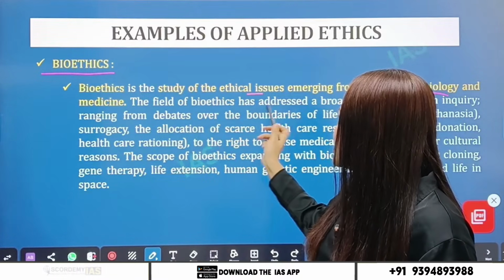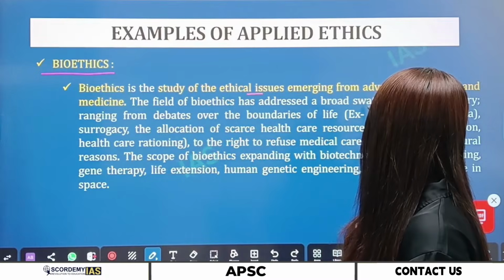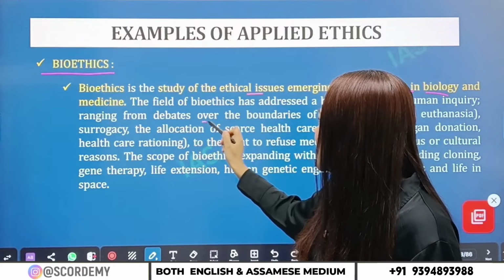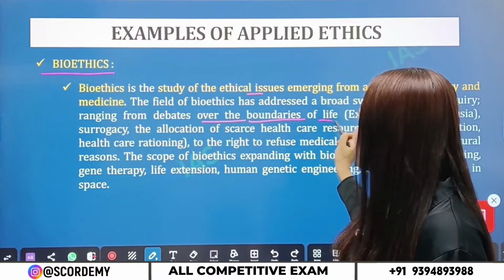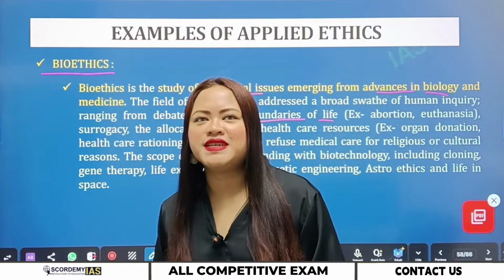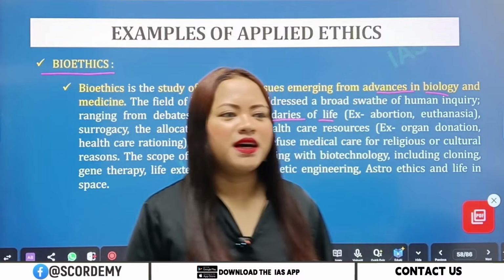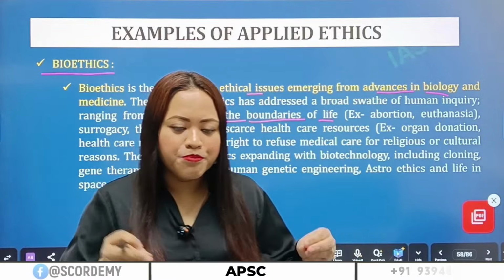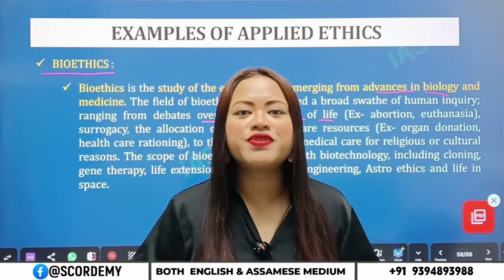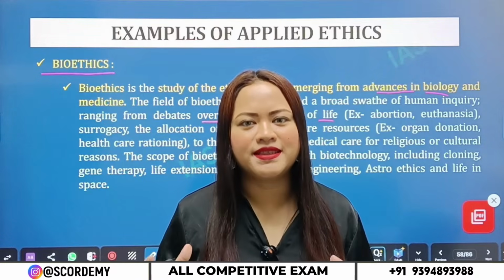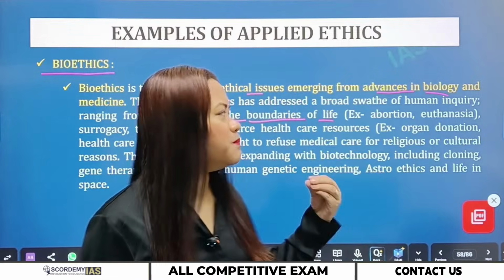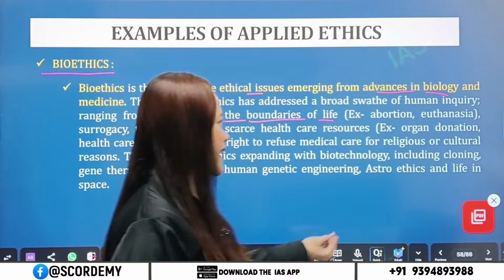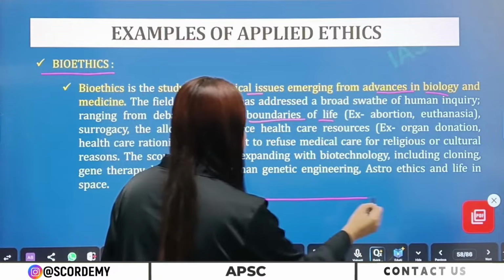The field of bioethics has addressed a broad swathe of human inquiry, ranging from debates over the boundaries of life. Now, with the advancement of medical science, we can manipulate the boundaries of life and death itself. We can debate where life begins and where it ends, right?